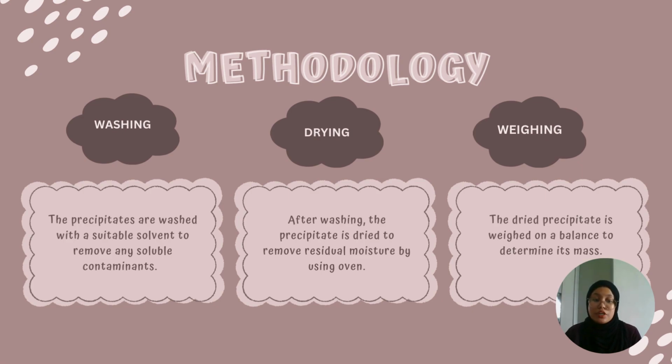Weighing is where the dry precipitate is weighed on a balance to determine its mass. The weight of the precipitate is then determined by the difference between the final weight of filter paper with precipitate and the initial weight of filter paper.